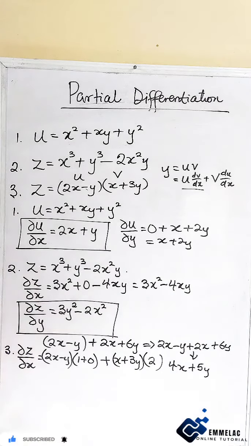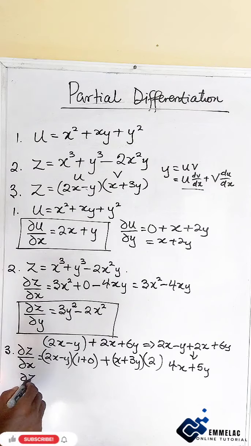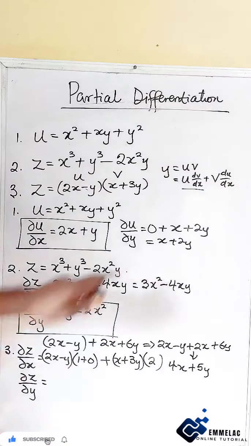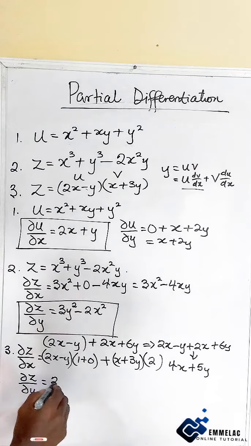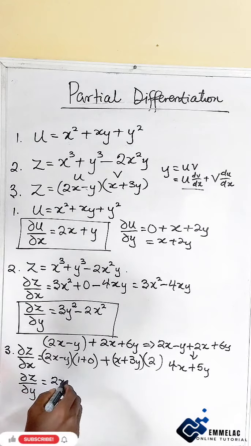Now the next one, the partial derivative of z with respect to y. Take note, we are still applying the product rule. Now keeping u constant, we have 2x minus y.